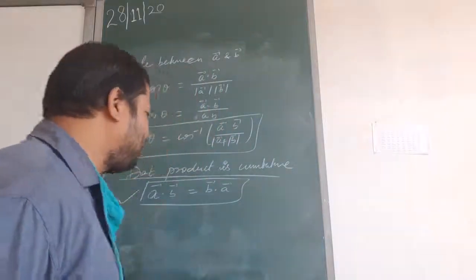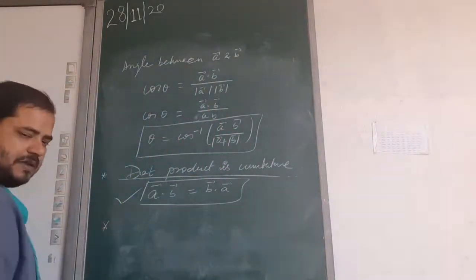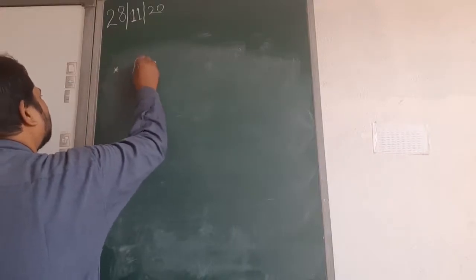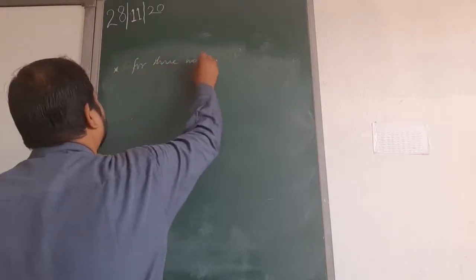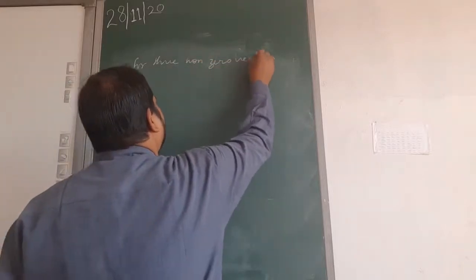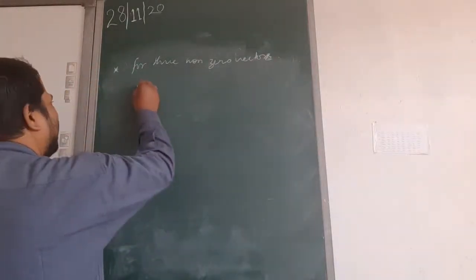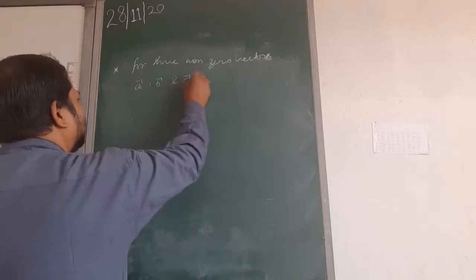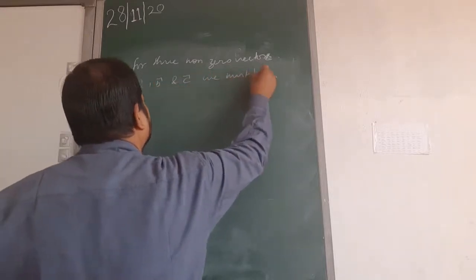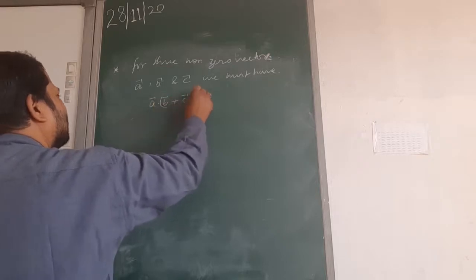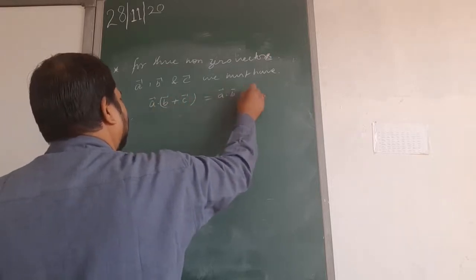That means if you are given three vectors A, B and C, one thing is common here: non-zero vectors. If a vector becomes zero, all the rules fail. For three non-zero vectors A, B and C, we must have A dot (B plus C) equals A dot B plus A dot C.